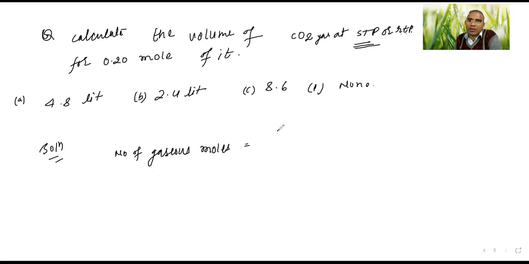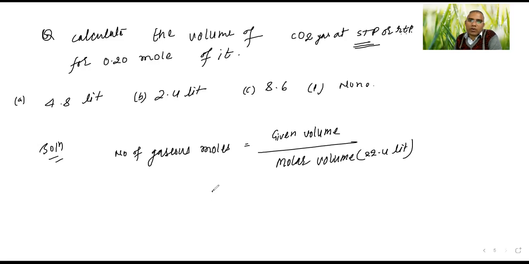So how can we calculate the number of gaseous mole? It is given volume upon molar volume. Like molar mass, this is the molar volume for all gases. Molar volume is the same, 22.4 liter. This is fixed. So N is equal to given volume upon molar volume, 22.4 liter.